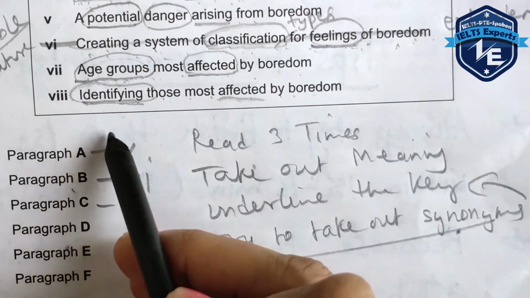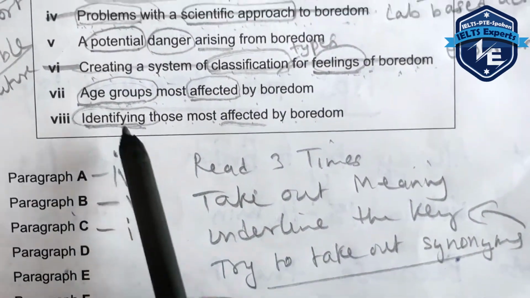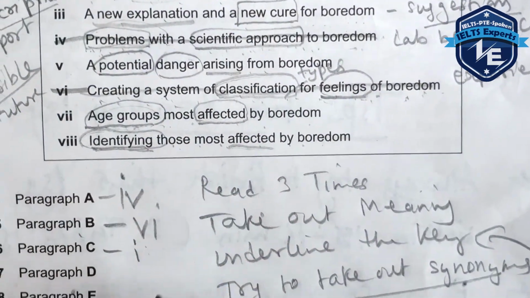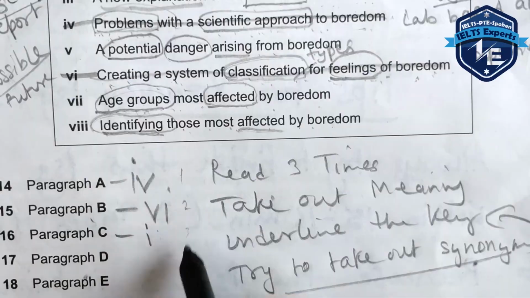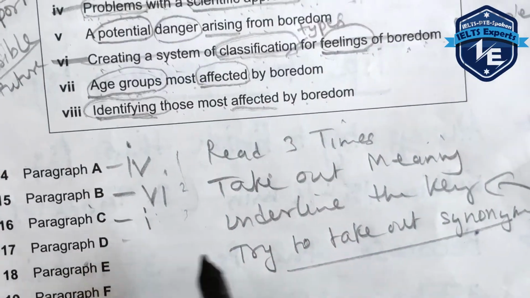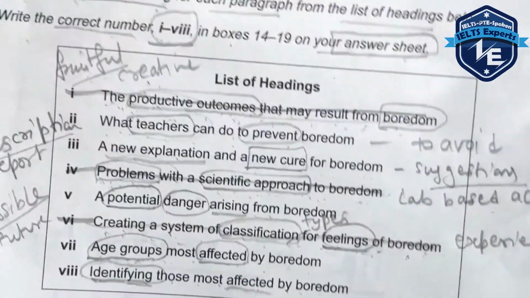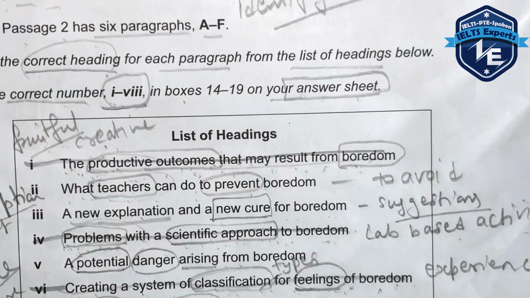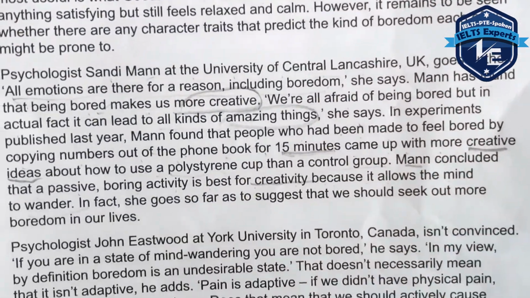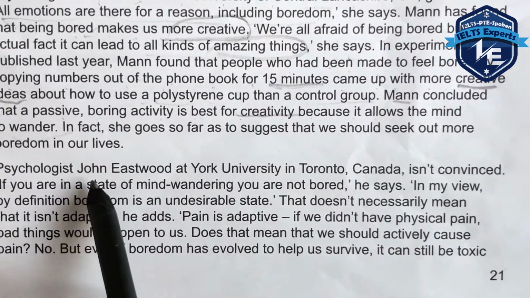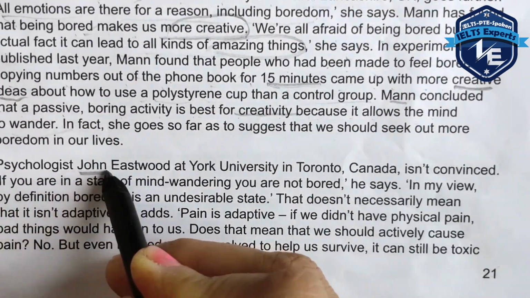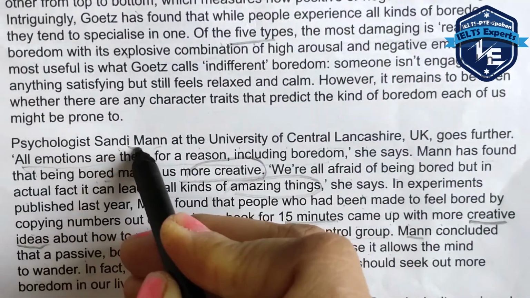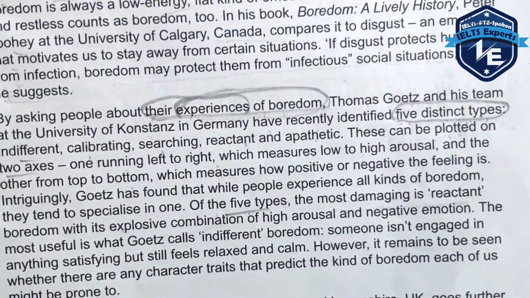See how I am writing the answers in Roman numerals, not like 1 2 3. It is not correct actually. So let's look at the paragraph D. Let's read it. Psychologist John Eastwood. Side by side, please underline the main important keywords.